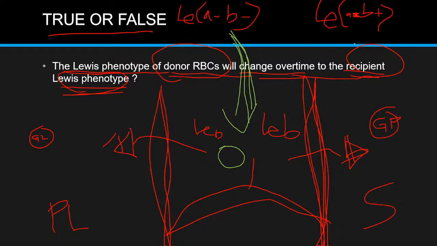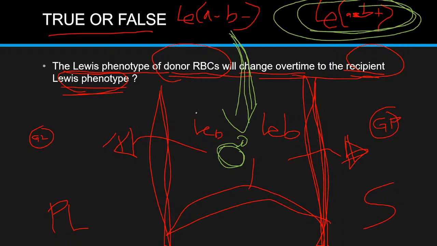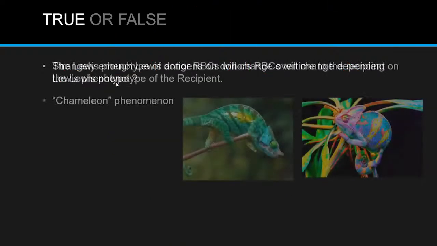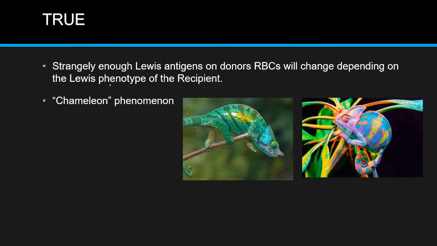Therefore, since the patient has the enzymes to attach the fucose molecules, it will then change the donor's blood type to the same thing as that one. So now, what is the answer? The correct answer is true. Strangely enough, the Lewis antigens on donor's RBC will change depending on the Lewis blood type of the recipient.